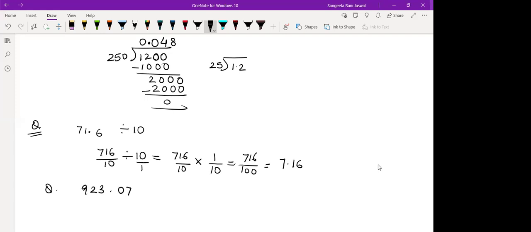Now you do this. Please try this question. Tell me the answer. Ma'am, I first got the number in fraction form and then divide.